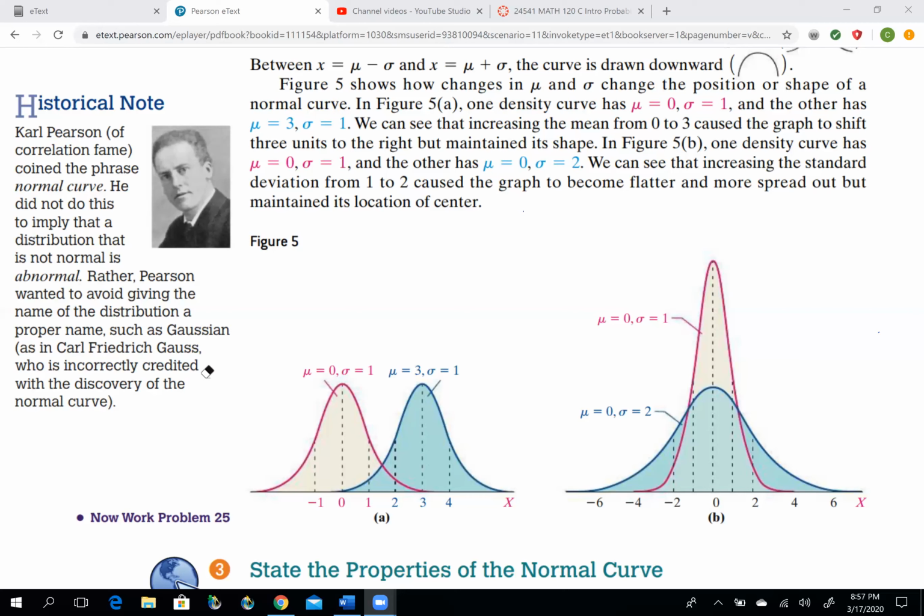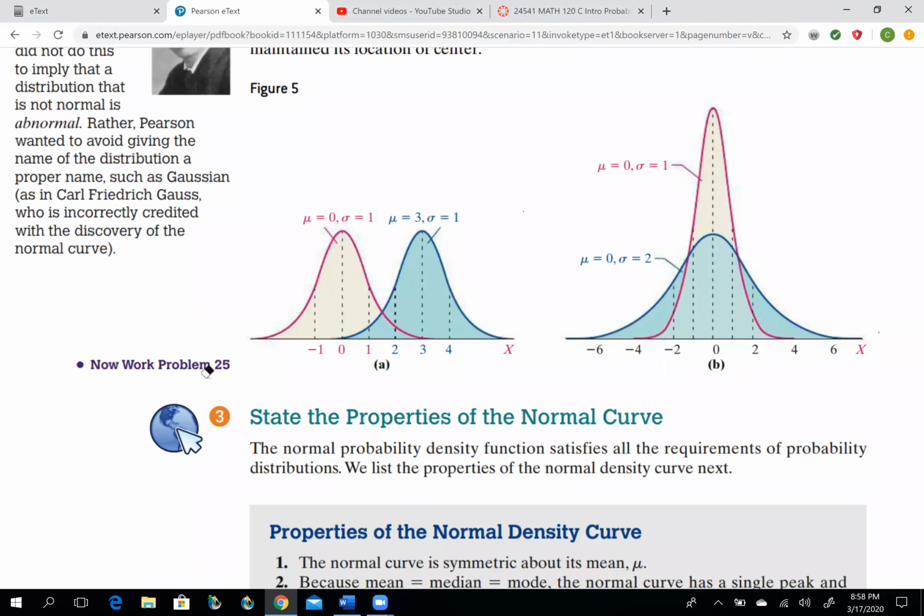So as the standard deviation increases, the data is more spread out.